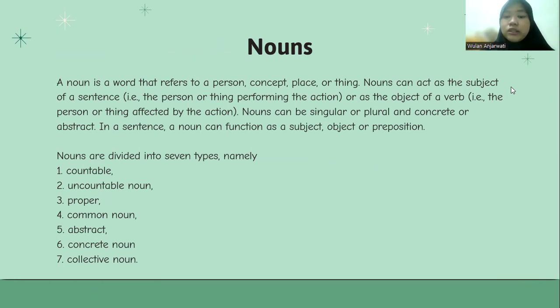Nouns can be singular or plural and concrete or abstract. In a sentence, a noun can function as a subject, object, or object of a preposition. And nouns are divided into 7 types, namely countable noun, uncountable noun, proper noun, common noun, abstract noun, concrete noun, and collective noun.